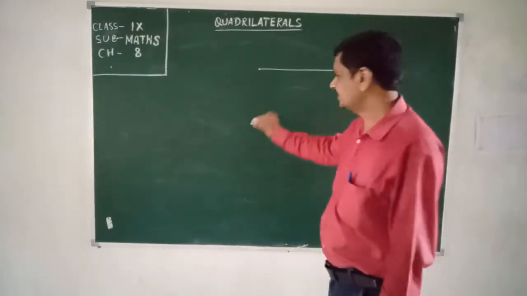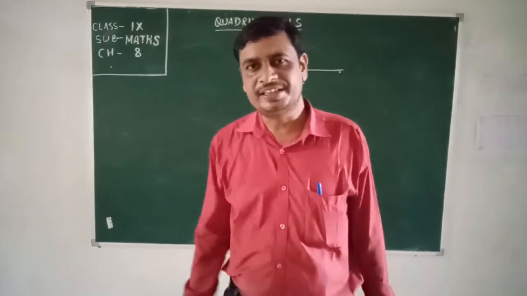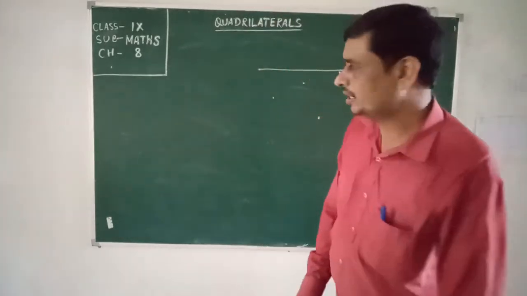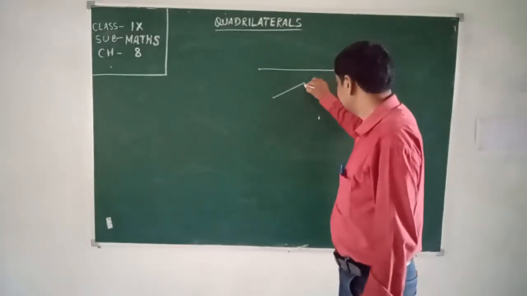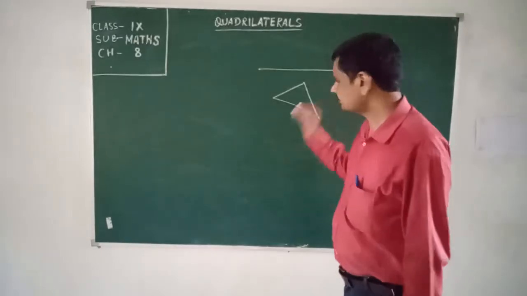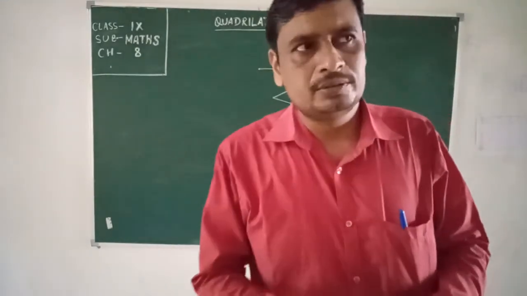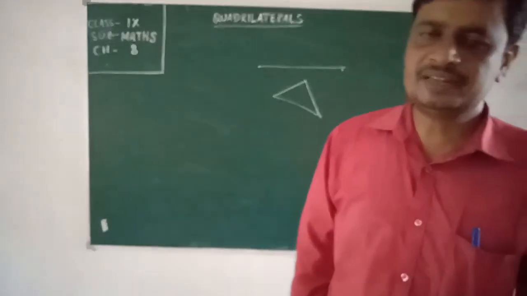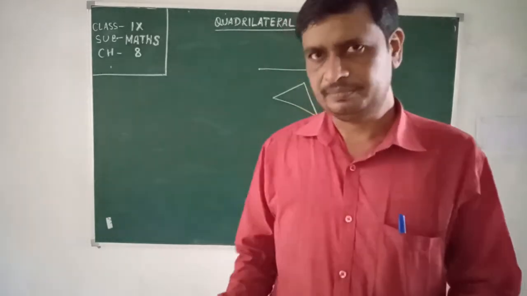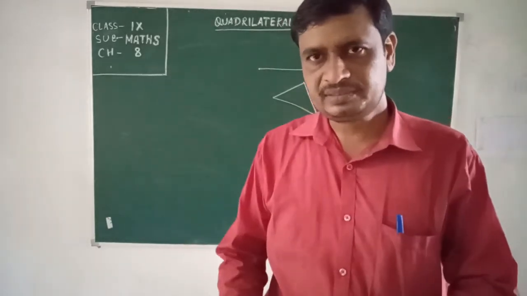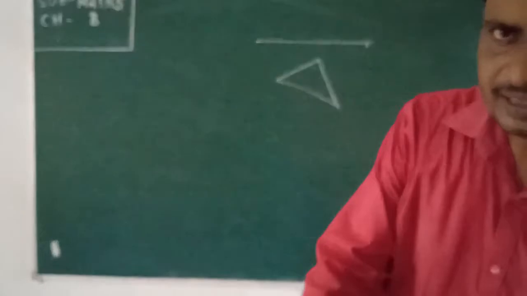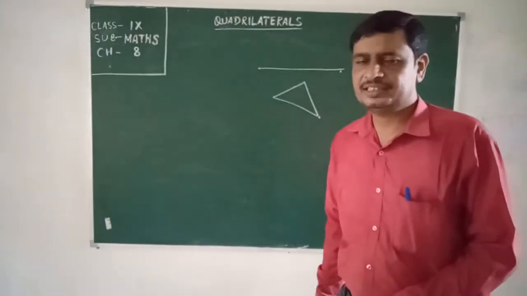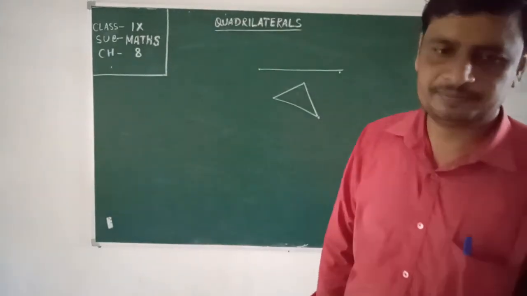But when we mark 3 points which are non-collinear, then we will get a triangle. So by joining collinear points, we are getting a straight line. But when we join 3 non-collinear points, then we will get a triangle.